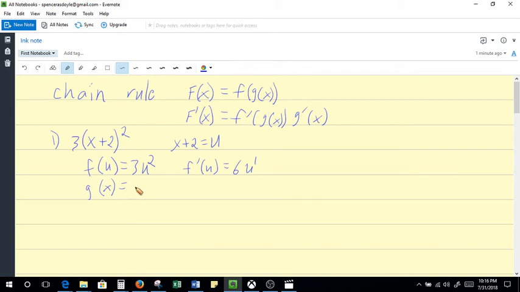So if we have g of x equaling x plus 2, then g prime of x would be equal to, we pull the 1 down. This doesn't have any power, so it would be erased. The constants get eliminated when we take a derivative.